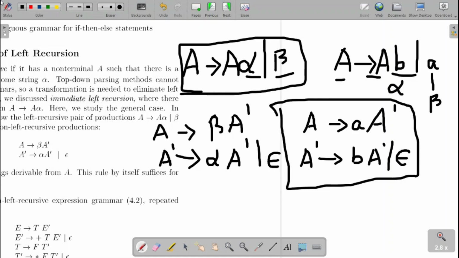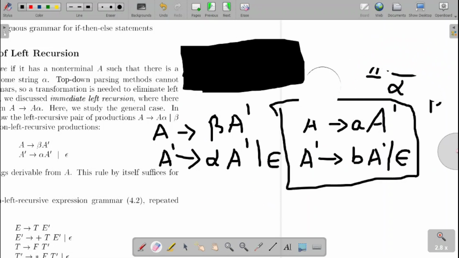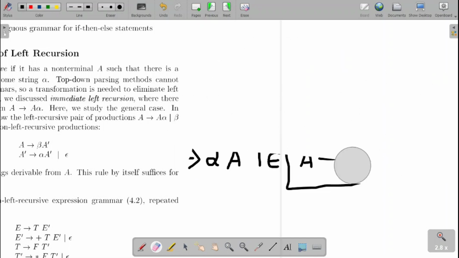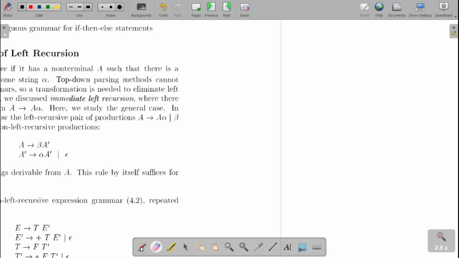Fine. So now let us take our example of arithmetic expression grammar. Let me keep this basic format as it is. Our format is A derives A alpha or beta.